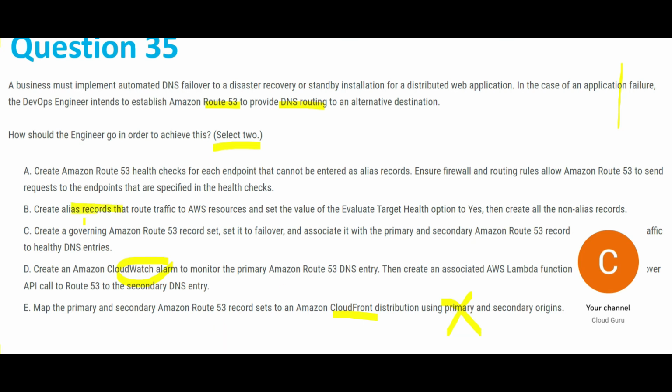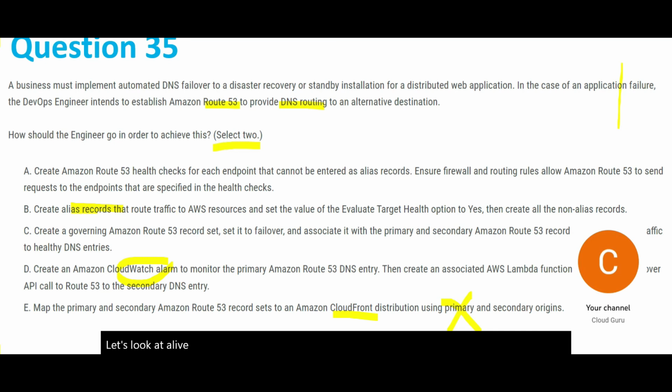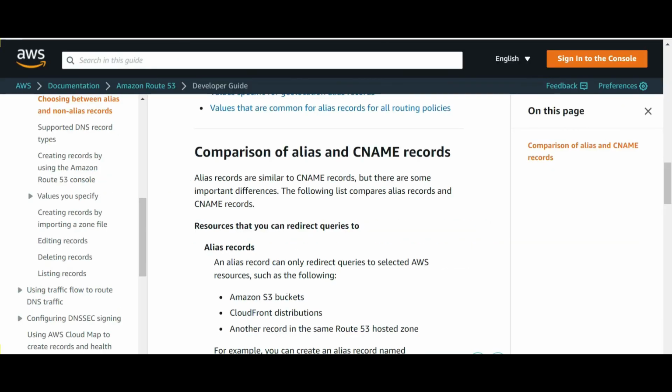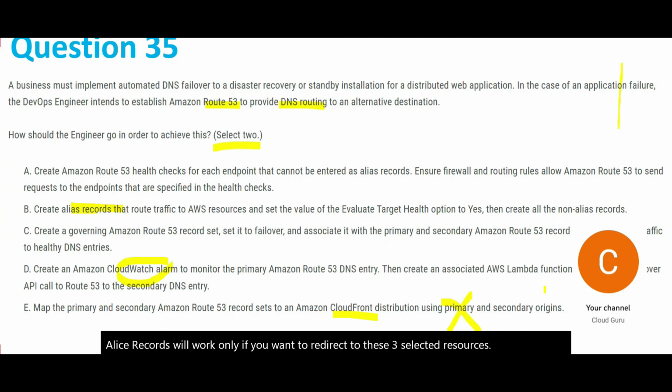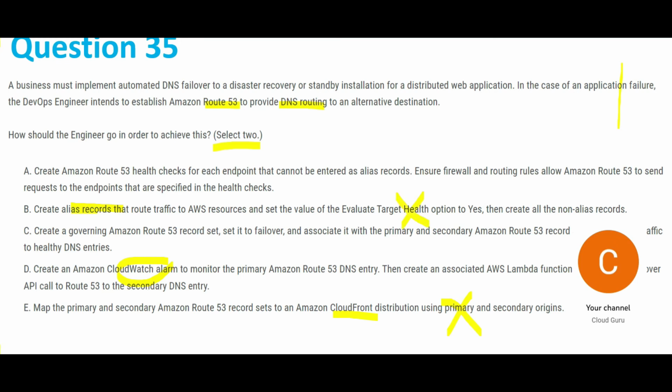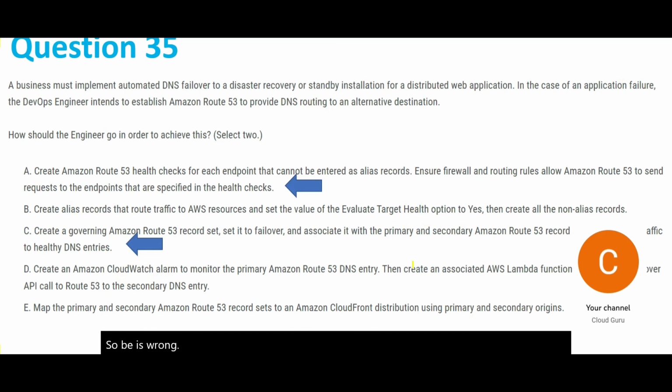See, let's look at B, alias records. Alias records will work only if you want to redirect to these three selected resources. It will not work in a disaster setup. So B is wrong. This leaves us with two answers, A and C. These are my answers.